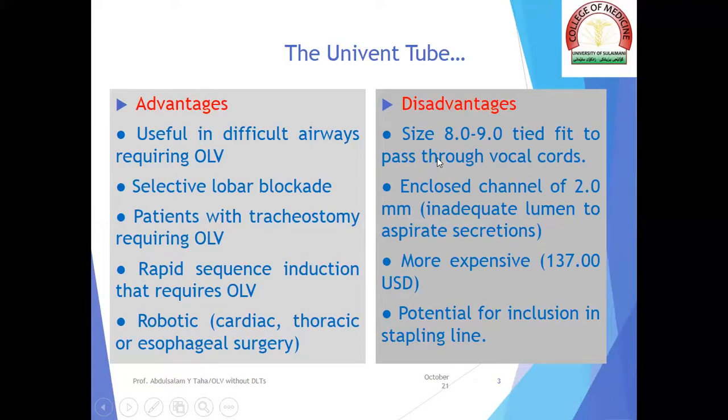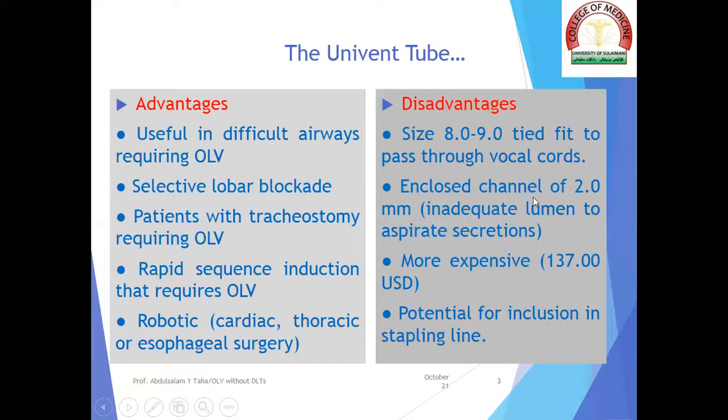While the disadvantages: the size of the Univent Tube is 8 to 9 French, which is passed through the vocal cords. It might be large enough to pass through the vocal cords.